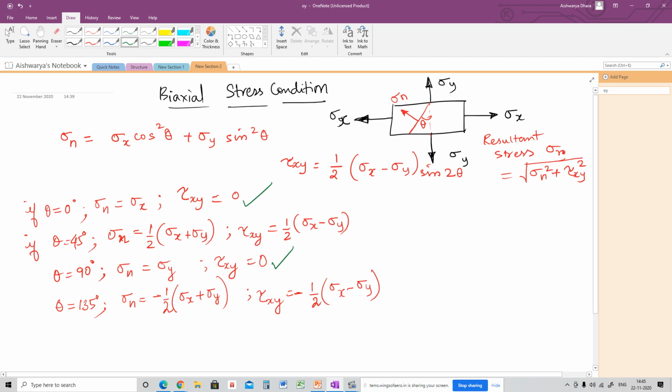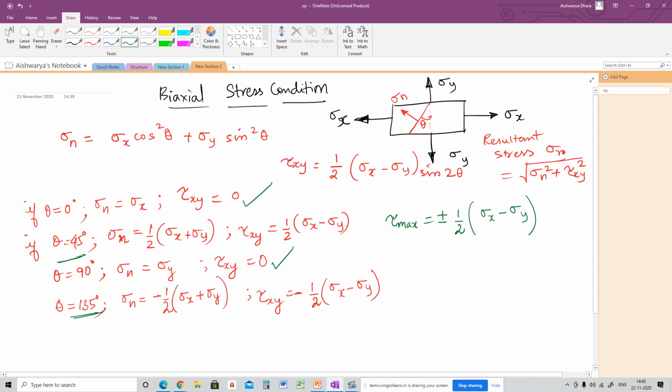And we will have the maximum shear stress at 45 degree, which is half of sigma x minus sigma y, at the angles 45 degree and 135 degree, ma'am. 135 should be minimum, no? Minus of that. See, it is plus and minus.